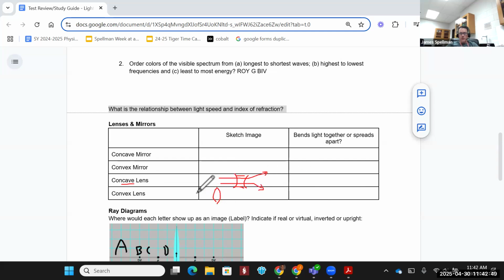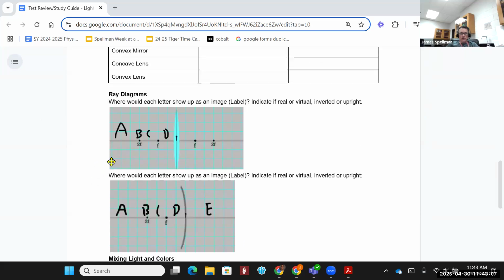And a convex lens is like our eyeball, it focuses light. So when it goes through and refracts, it ends up bending downward due to the angles. So you can hopefully tell from these pictures which ones are bending light together and which ones are spreading them apart from one another. Okay, let's clear these drawings.